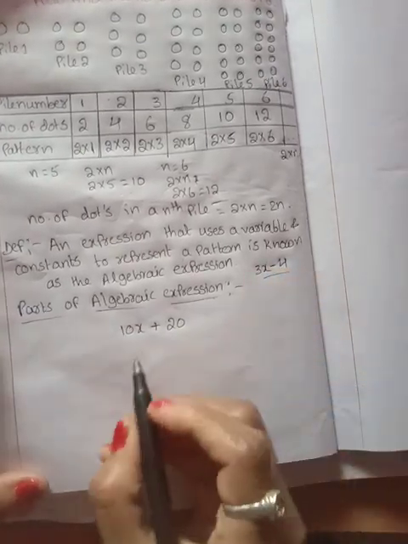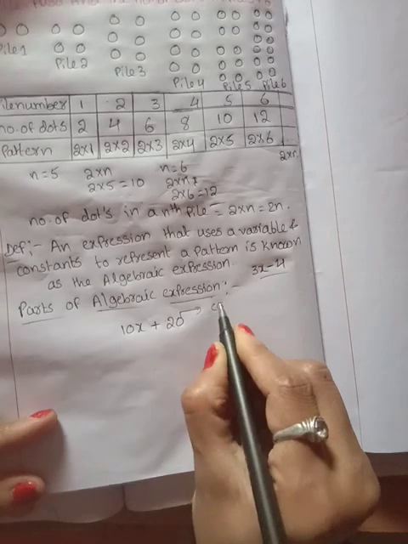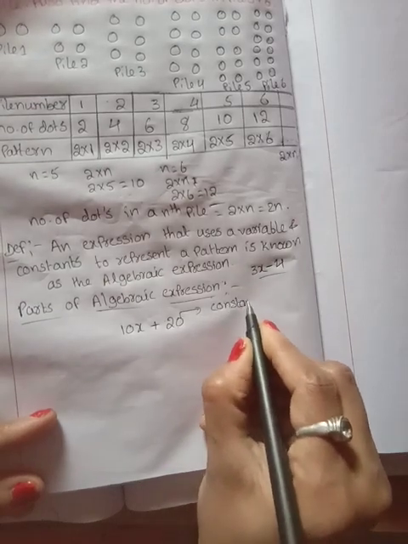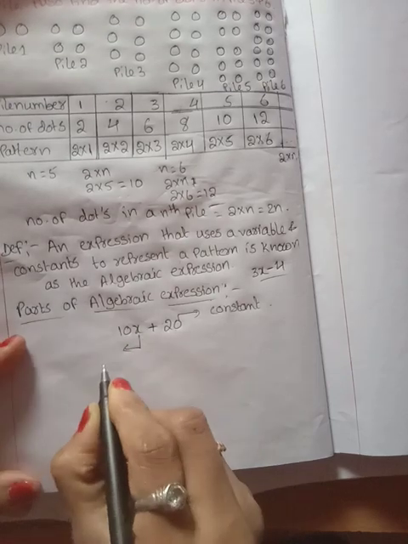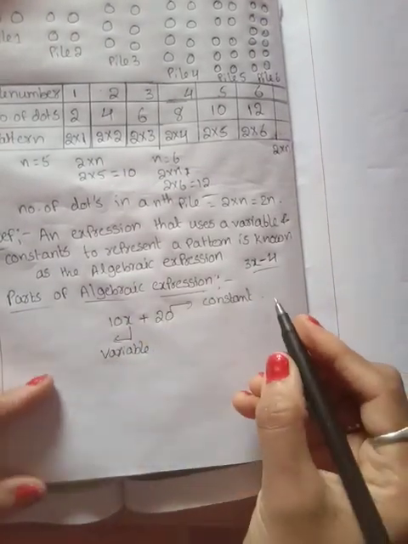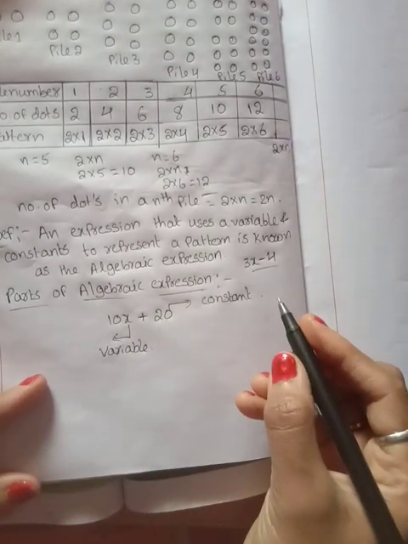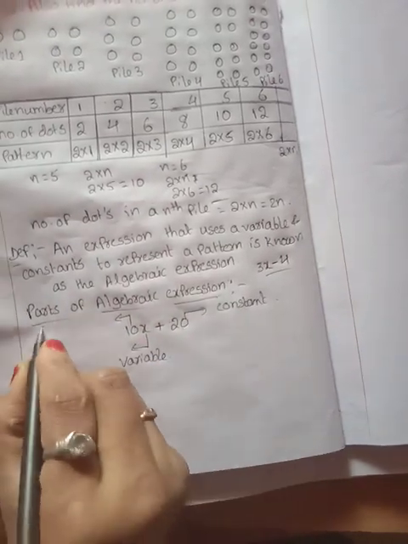Here, 20 is the constant only. X is the variable only. Another one is the coefficient: 10 is the coefficient only.